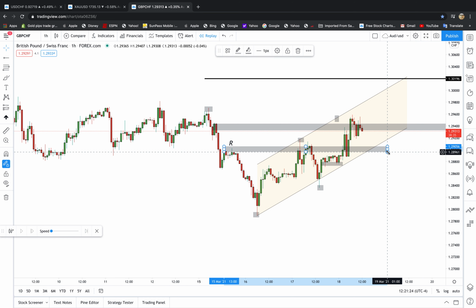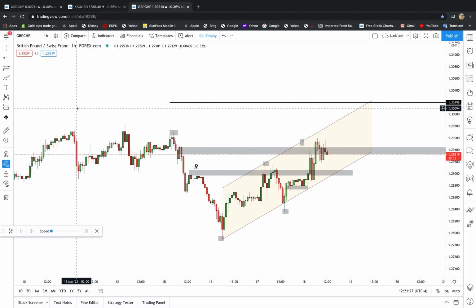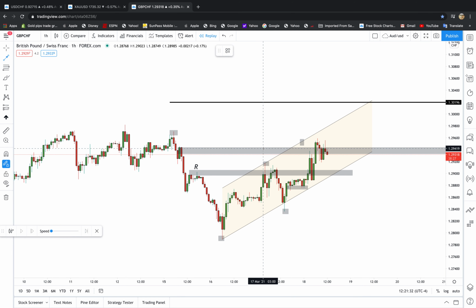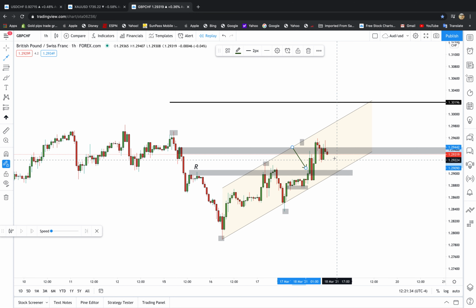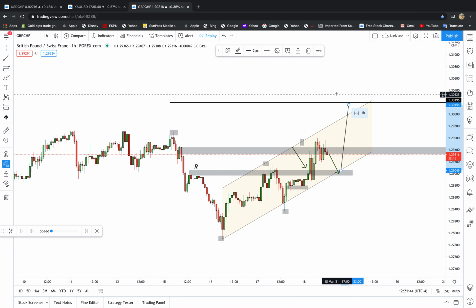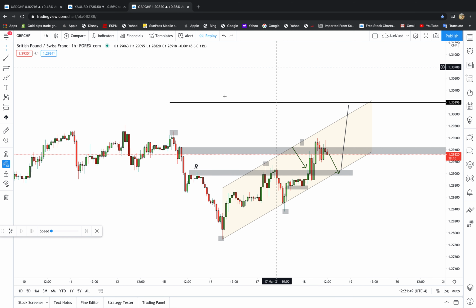So I can easily conclude that if price breaks this resistance, I can easily conclude that it can return here and we can have another pump to the upside, possibly in London or tomorrow's New York session. So yeah, that's pound Swiss franc, and that was our buys for March 18th, 2021.